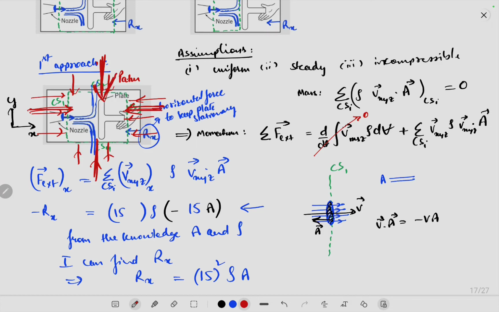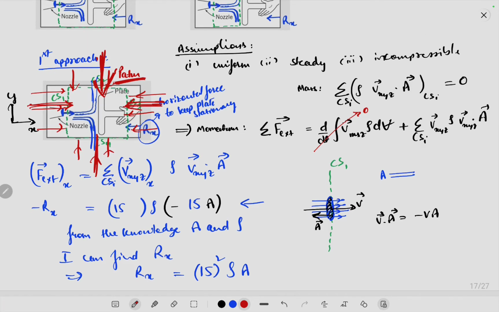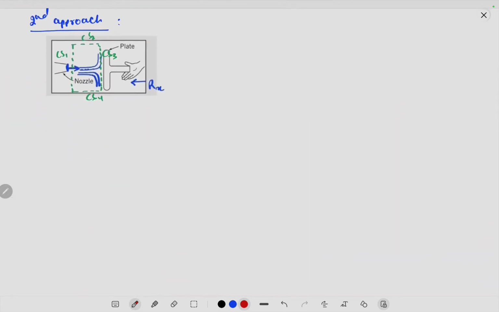So in such cases we don't consider the role of atmospheric pressure, because anyway it will get cancelled out in our problem. But still, for completeness, we should consider the atmospheric pressure also. All right, so let's consider the second approach.